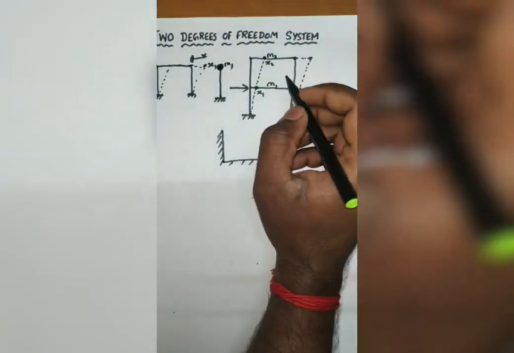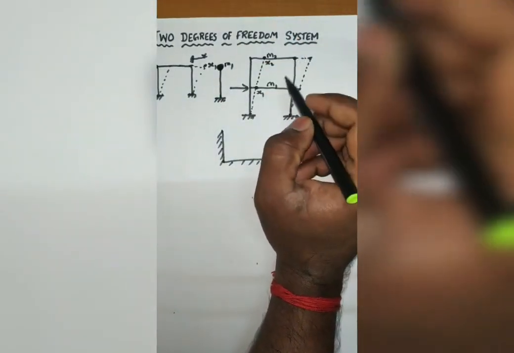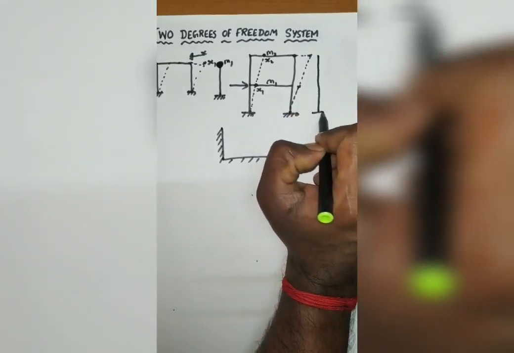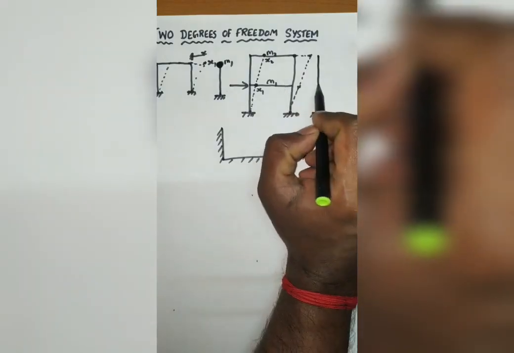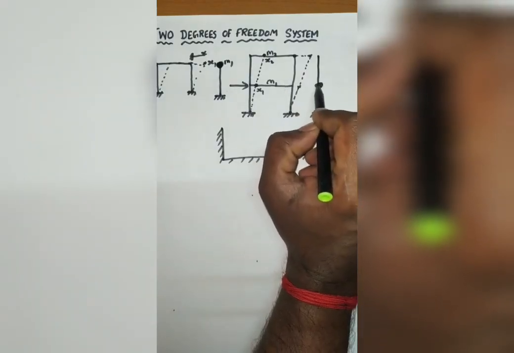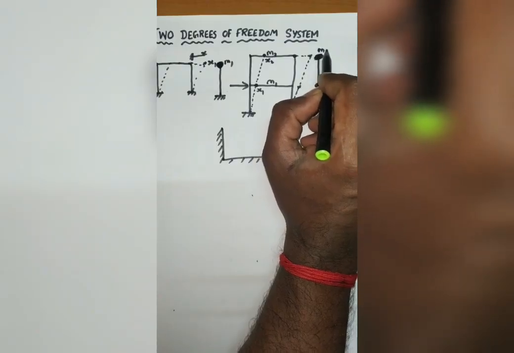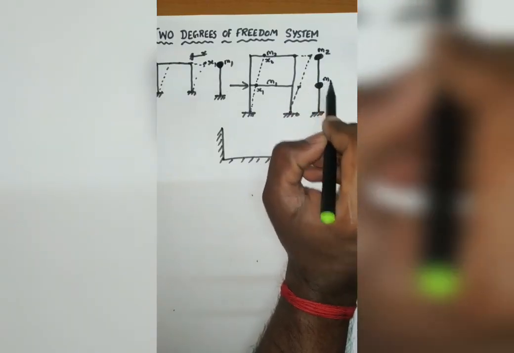And for this 2 degrees of freedom system, for m1 I have to give a lumped mass here, and for m2 a lumped mass here. So this will be m2 and this will be m1.